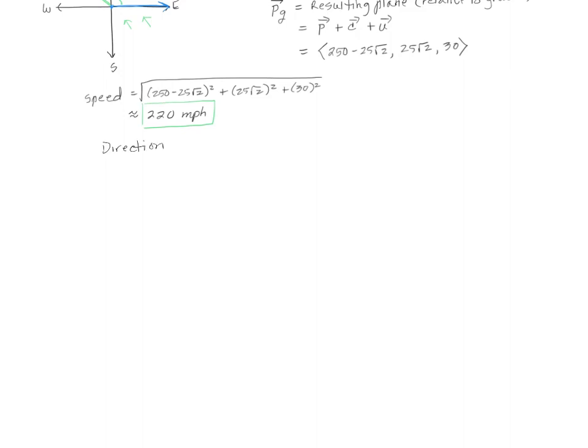When I talked about the diagrams, notice that the plane is going upward and a little bit north. So it started out east. So when I describe it, I'm going to say the direction is north of east. It started out east and now it's going a little north and upwards.